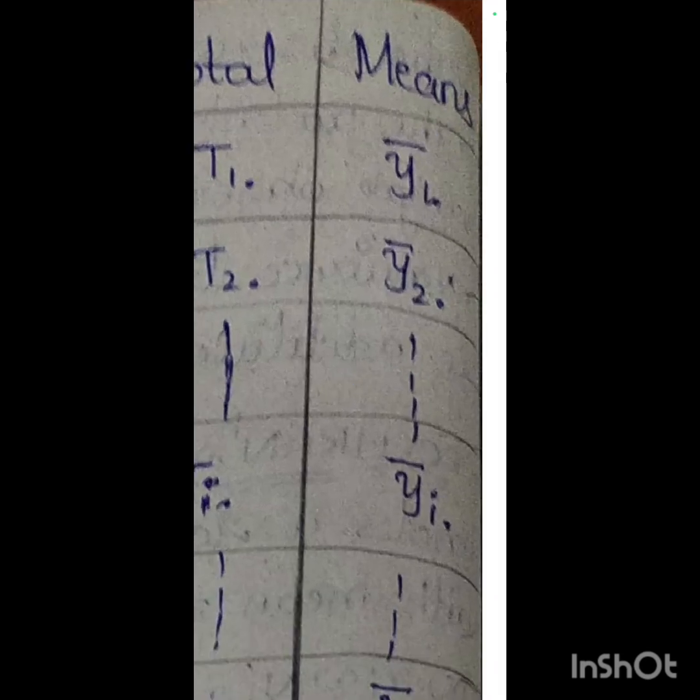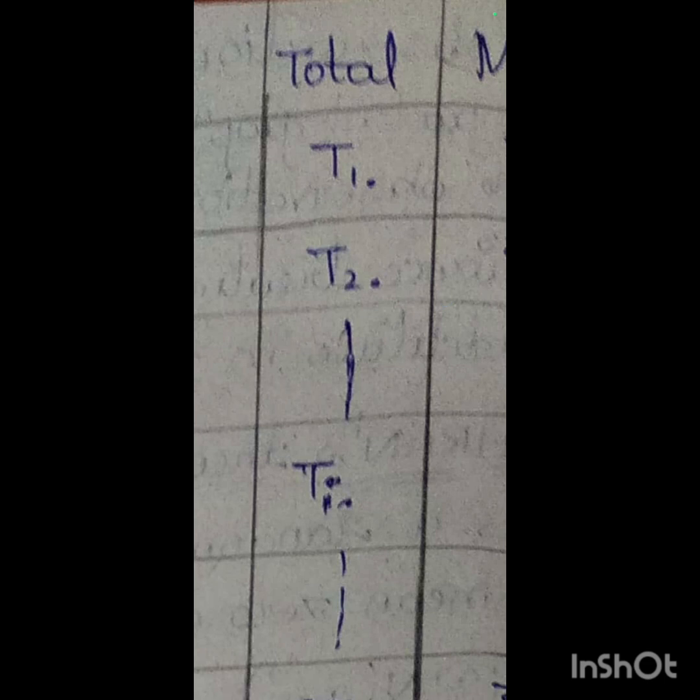So these are the variable values, and the totals: T1 dot is the first row classification total, and the mean also, y bar of 1 dot, T2 dot and y bar of 2 dot and so on.